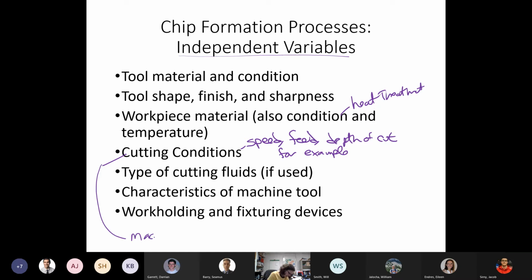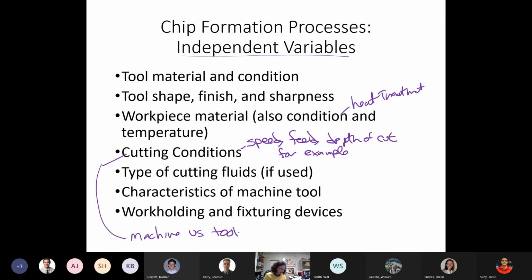Both of those are considered independent variables. We just do have to calculate them differently. We might choose one and then calculate the others, and we will talk more about this as we look at doing some calculations.